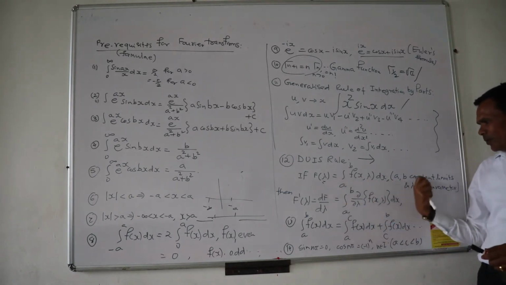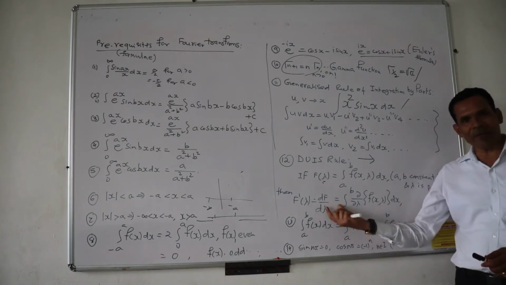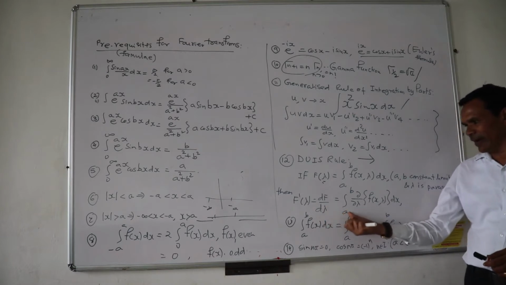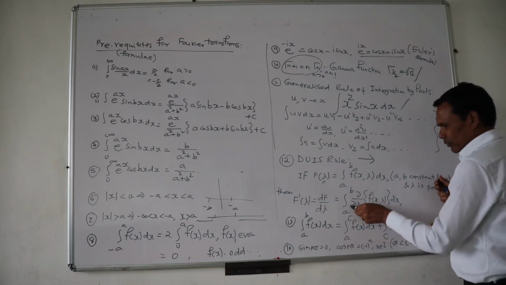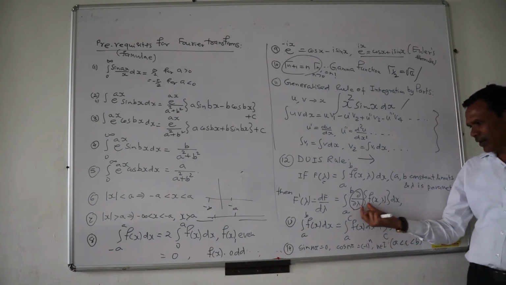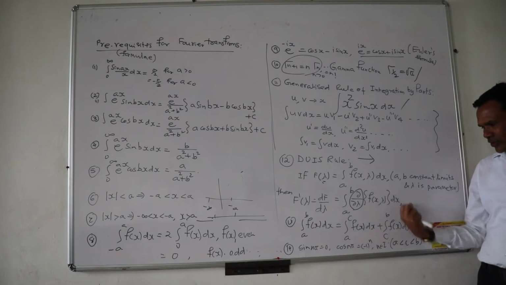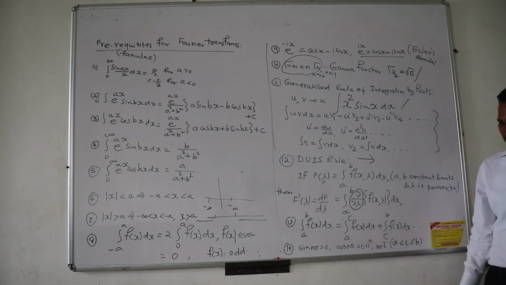F of lambda is the parameter to be taken and the limits are constant here. Then f dash lambda is df by d lambda, from a to b, the partial derivative with respect to lambda of this integrand, and then this is to be evaluated by integrating with respect to x, and you get the value.